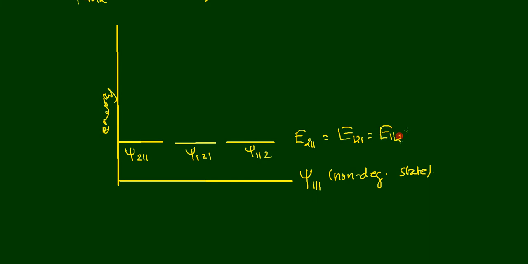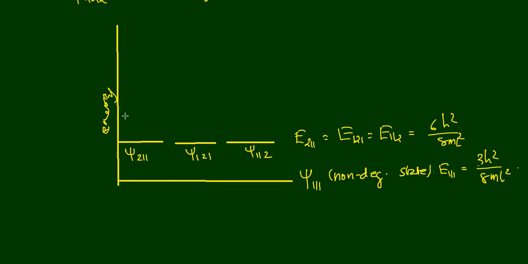That is equal to 6h square divided by 8ml square. And in this case, it was corresponding to E111, that is equal to 3h square divided by 8ml square.